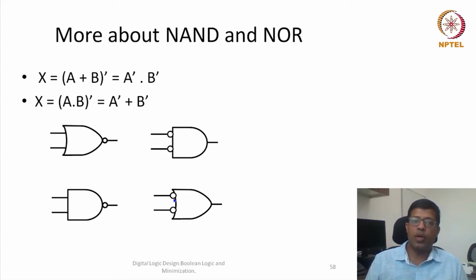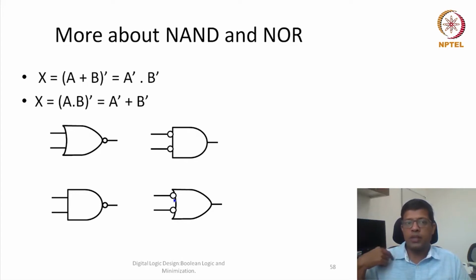So essentially, if I want to convert an AND gate to OR gate, then I can use these bubbles or inverters to convert from AND gate to OR gate or NOR gate. Similarly, OR to NAND also can be converted.